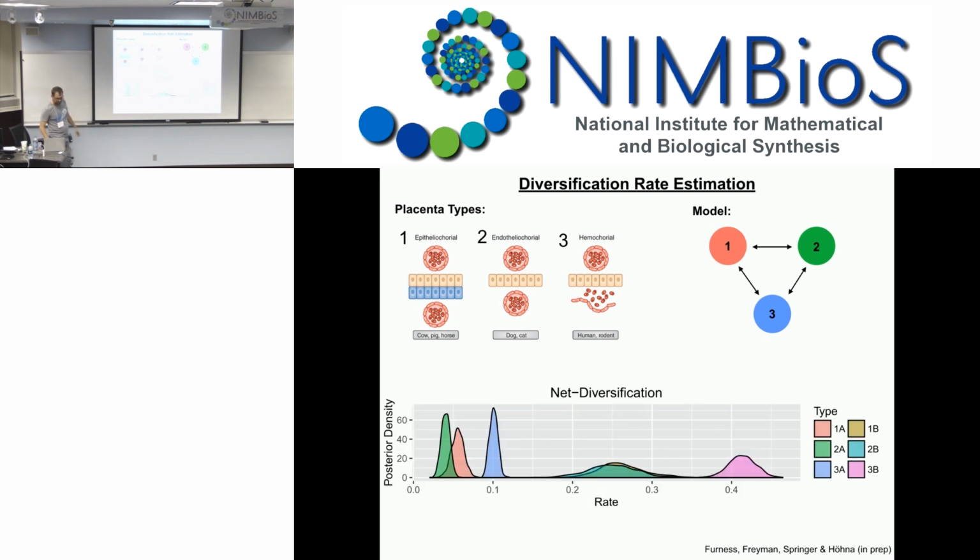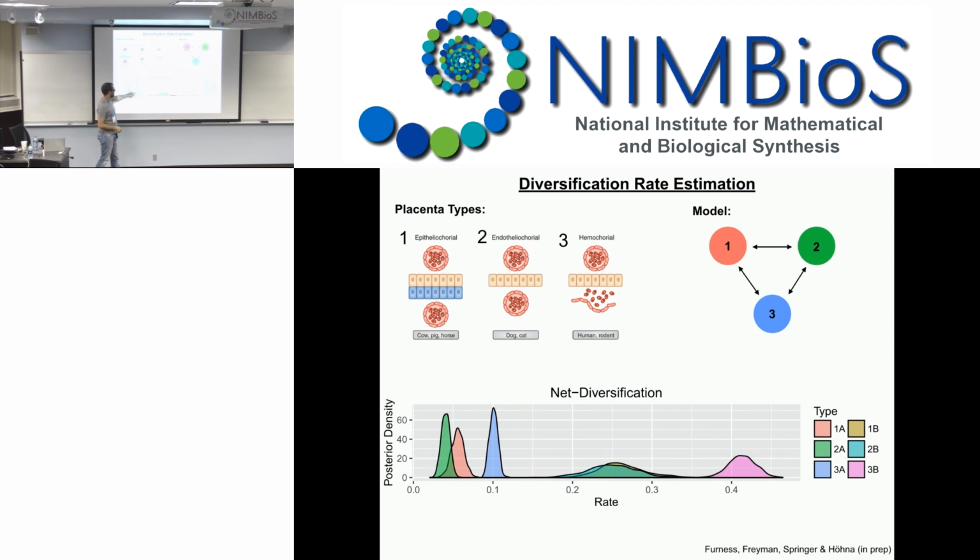One of the problems was that there might be a lot of background rate variation which could have influenced our diversification rate estimates, and we're just overfitting the models because we said all the rate variation must occur with shifts or changes in our observed character, the placenta type. So what we did additionally was to add an unobserved, hidden character, which represents hidden background rate variation. We see that there seem to be two background classes, because we only allowed a fast and a slow rate as a background.